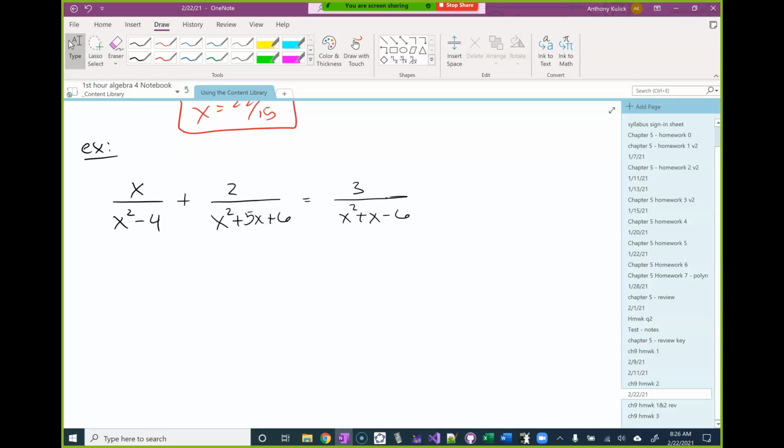So just like all of our previous problems, I'm going to start by factoring. The only pieces I have to worry about in this problem when factoring are the denominators.